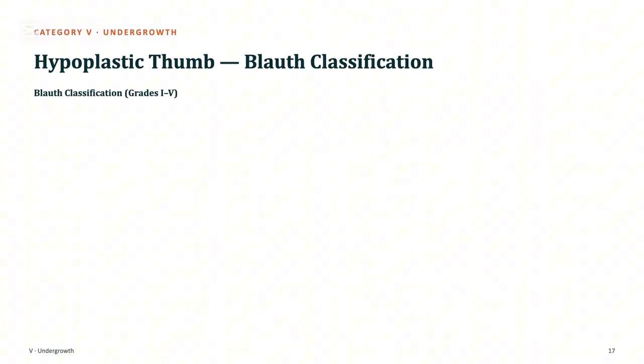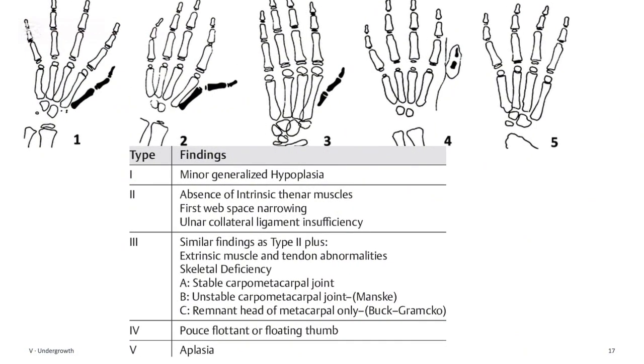We have too many classifications in this lecture. We have Swanson, we have Blauth, we have Wassel, we have Hickel. So it's very important to know these classifications, especially for the MCQ questions. Blauth classification discusses the hypoplastic thumb.